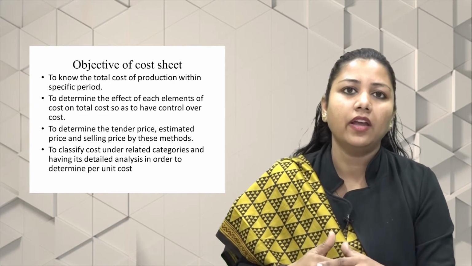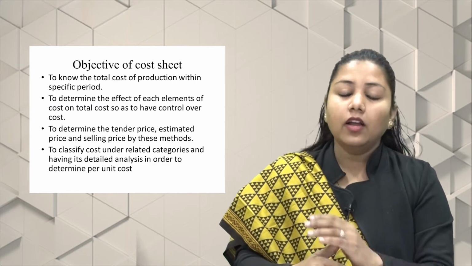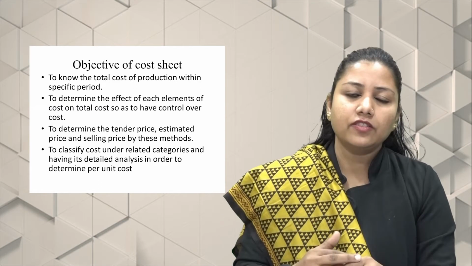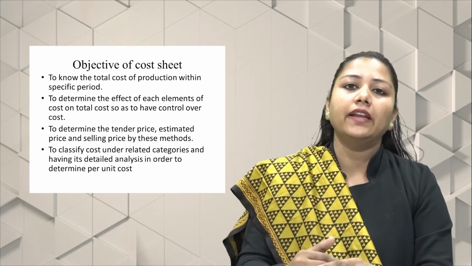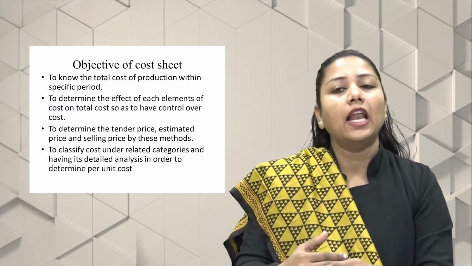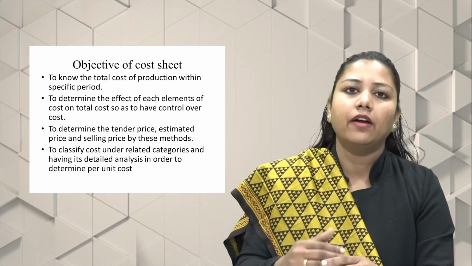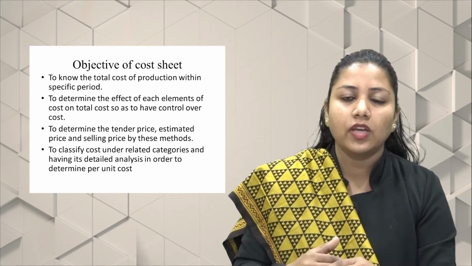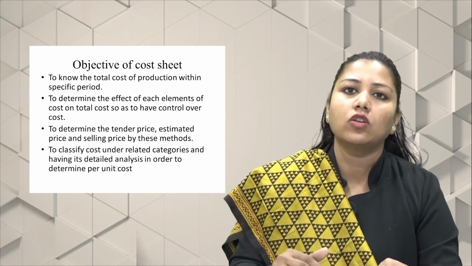We classify the categories of cost and determine the cost per unit. We take financial decisions of the company with various mathematical approaches, and we can find out the profit and loss of the company.